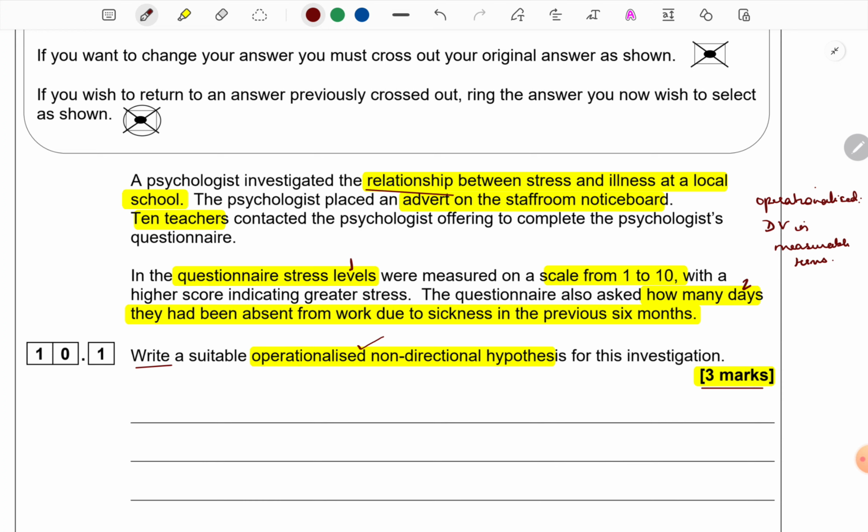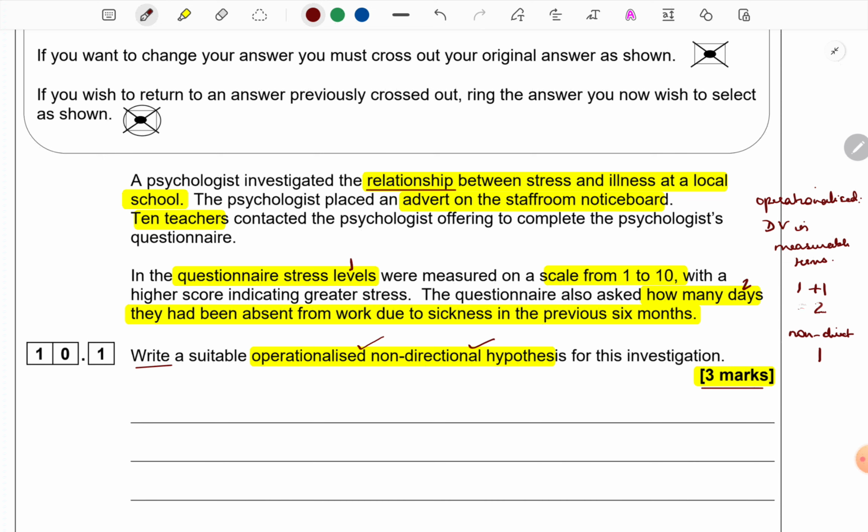Any which ways that you take it, there are two variables that will have to be specified in measurable terms. So it should be obvious to you that for each of the variables that you present correctly in operational terms, you will get 1 mark. So that accounts for 2 marks. Next, they have asked you for a non-directional hypothesis. So if your hypothesis is indeed non-directional, that is, you have used correct wording for a non-directional hypothesis, you will get 1 mark there. So make sure you cover all these 3 features correctly.